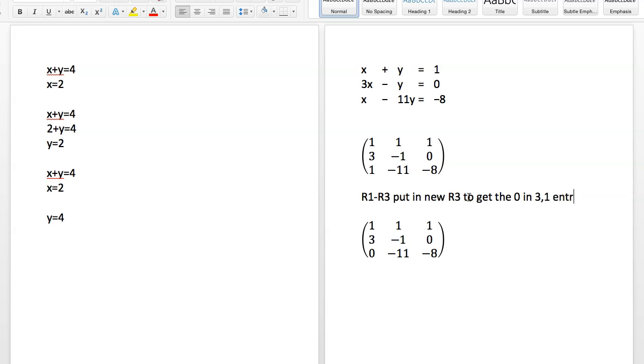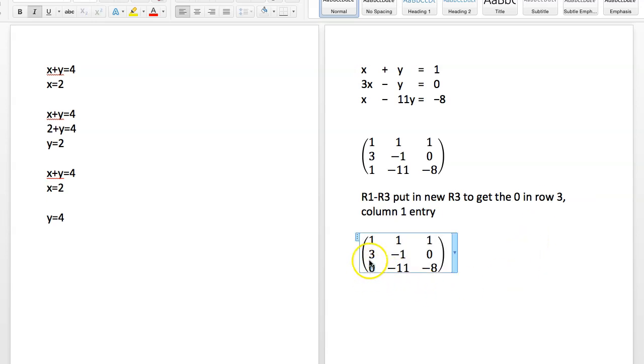Row 3, column 1 entry. When I'm referring to this entry right here, row 3, column 1. So I do 1 minus 1 is 0. Now be careful, I got to finish. 1 minus neg 11 is 1 plus 11 is 12. And 1 minus neg 8 is 1 plus 8, and that's 9.